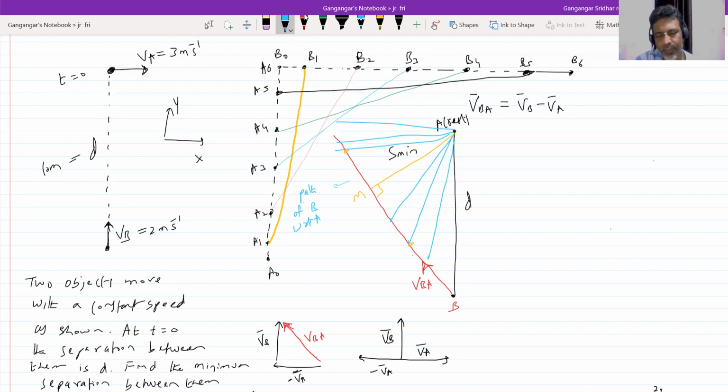So this is S minimum. This has to be determined. We already know the distance D. Somehow if we can get this theta, my problem will be solved. How to bring the theta here? Can I bring the theta here?